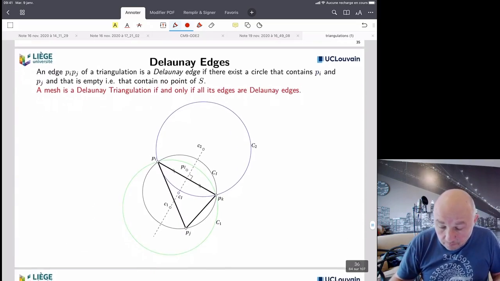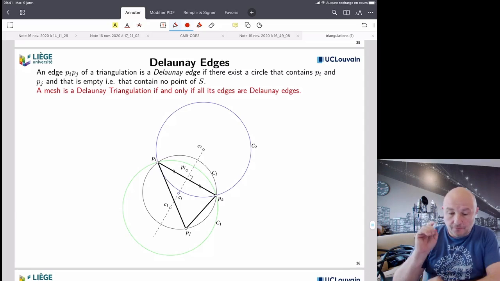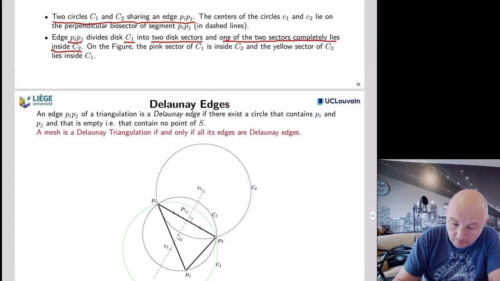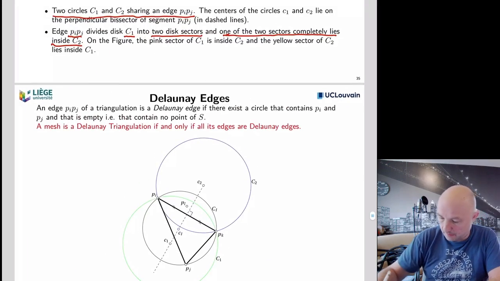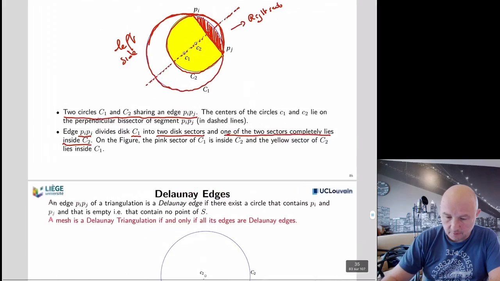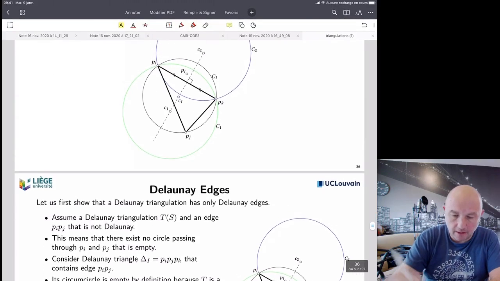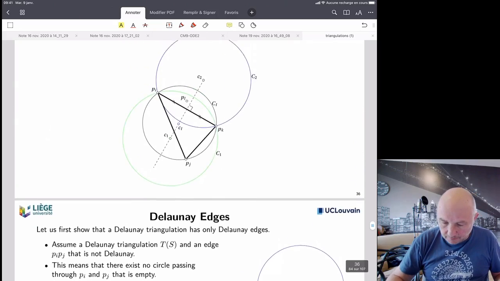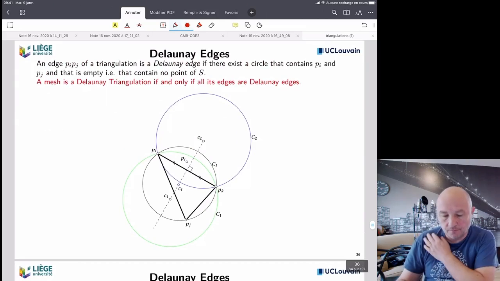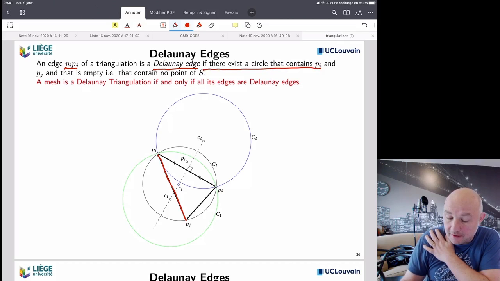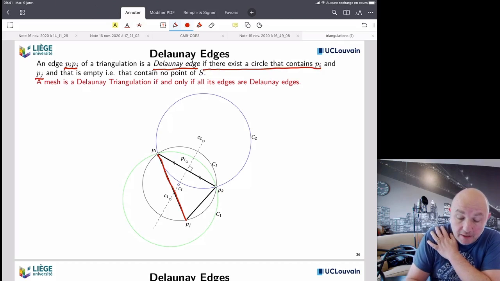Delaunay edges. So what we are going to prove is that an edge PiPj of a triangulation is a Delaunay edge if there exists a circle that contains Pi and Pj and that is empty.